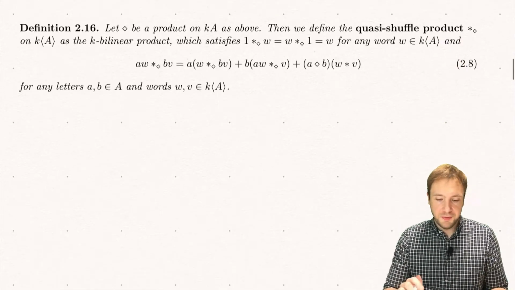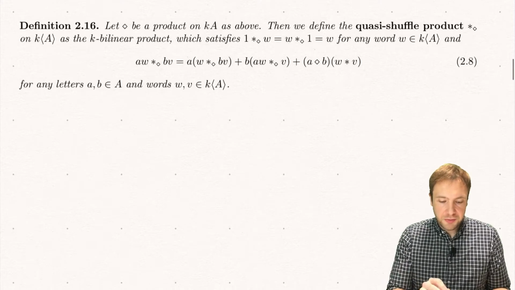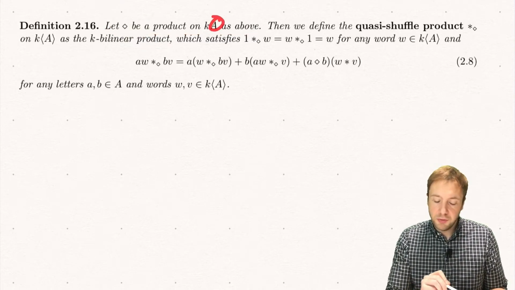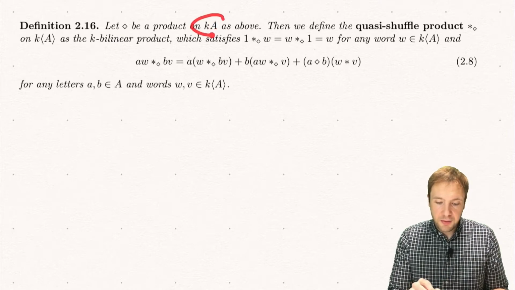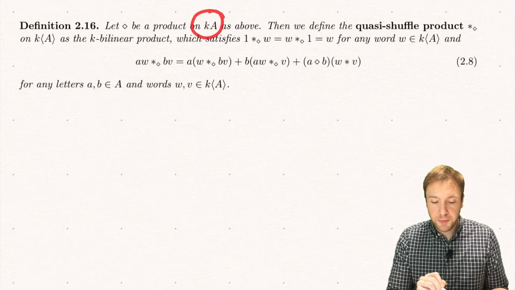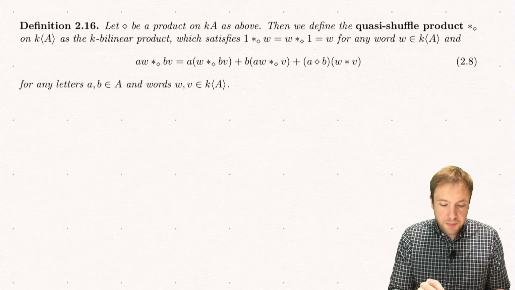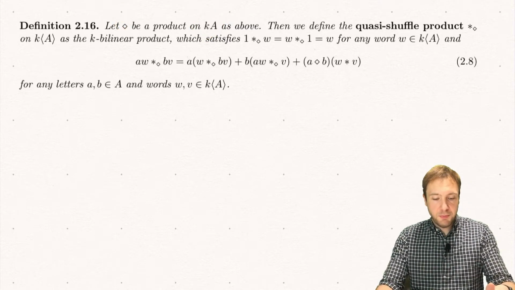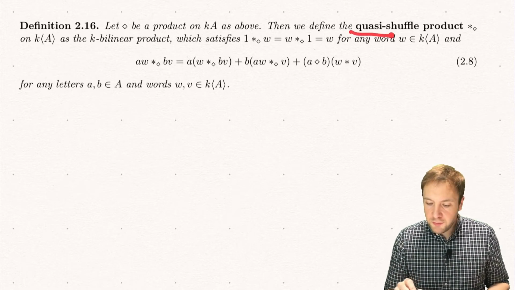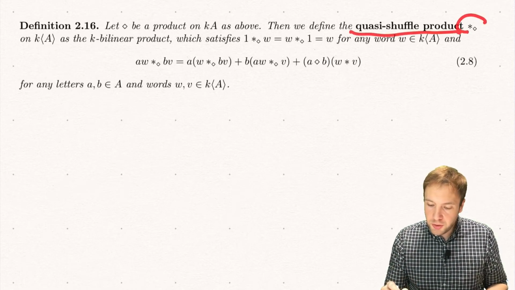So this is the definition here. Let's assume we have the setup as before. So we have some countable set A, and on this vector space generated by A, we have this diamond product. So we have an algebra of letters, and then we define the quasi-shuffle product, which we denote now by this star and diamond.